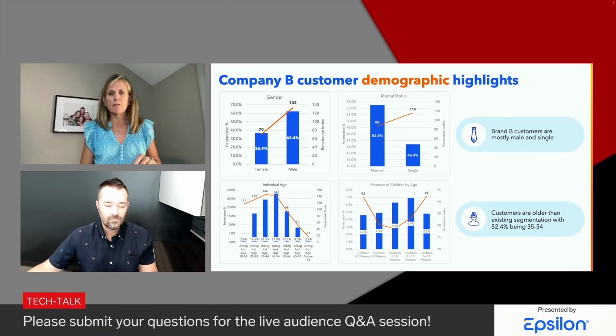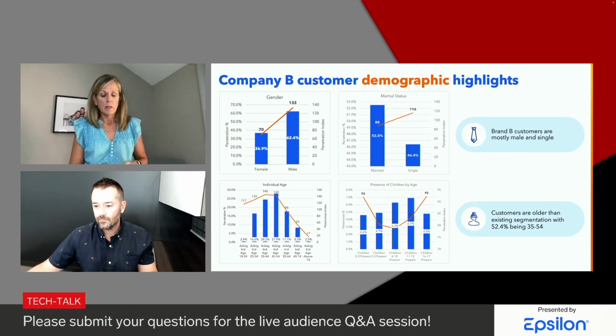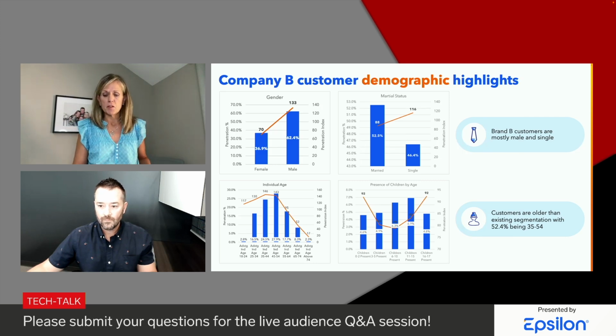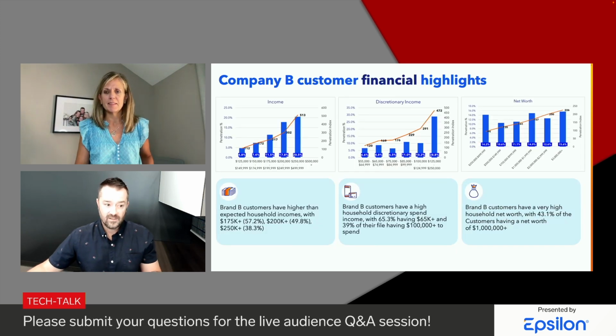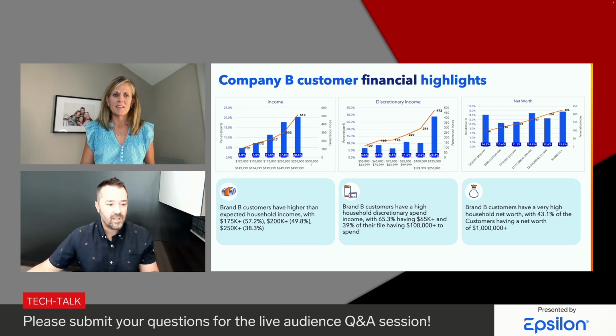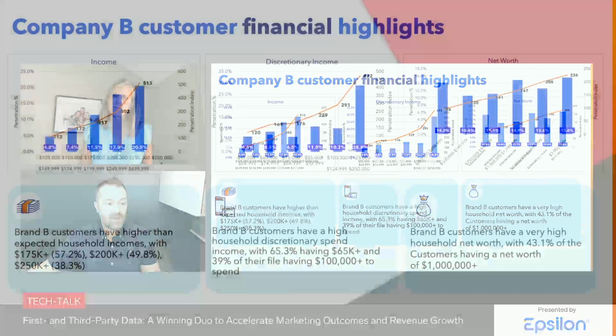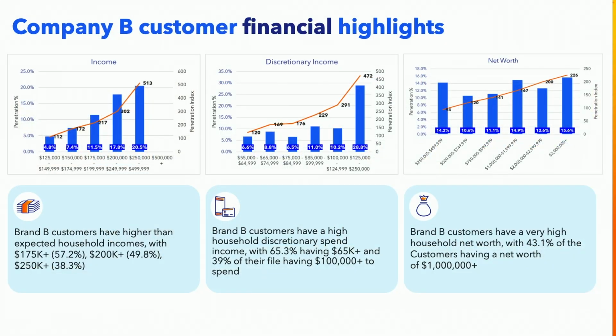Interesting. So a little bit different from what they were thinking and completely different from the financial services client, if I might add. Yes. And with this retailer having a more premium product, looking at financials against their current customer file, there was no surprise that income levels, discretionary incomes, and net worth were all skewing higher.